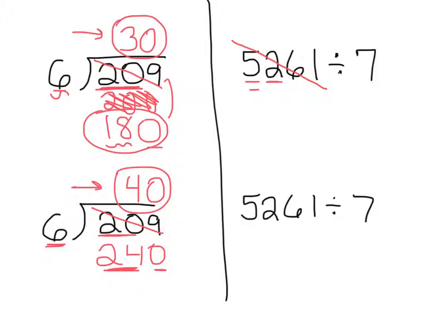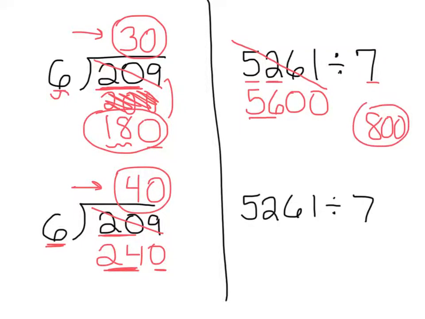Maybe you're thinking 5,600. Now I can do this using mental math. 56 divided by 7 is 8. Add 2 zeros. There's my estimate, 800. Maybe instead of 5,600, you were thinking that you would change this to 4,900.